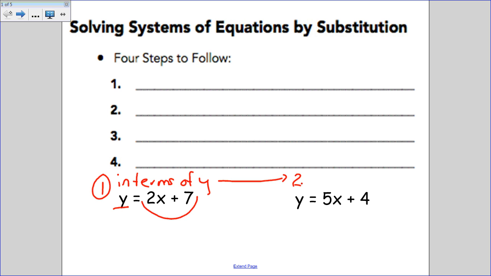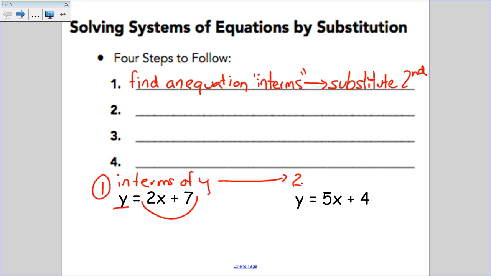So when you are solving systems of equations by substitution, your first step is to find an equation that is in terms of a variable, and you're going to substitute that into your second equation.